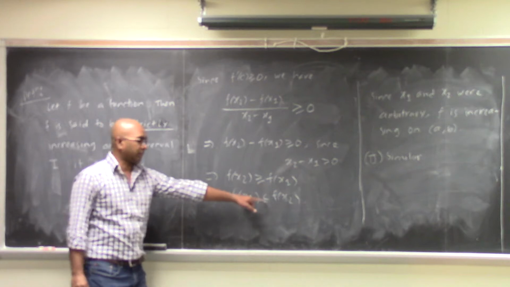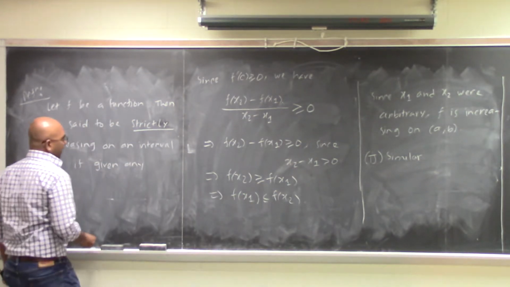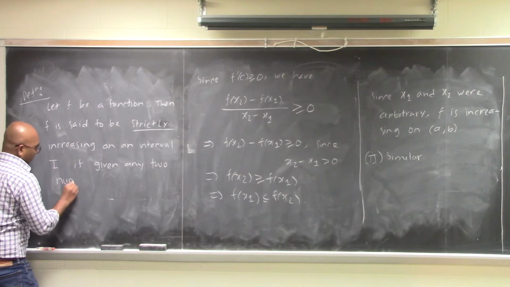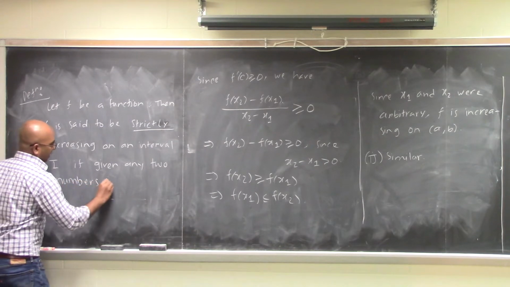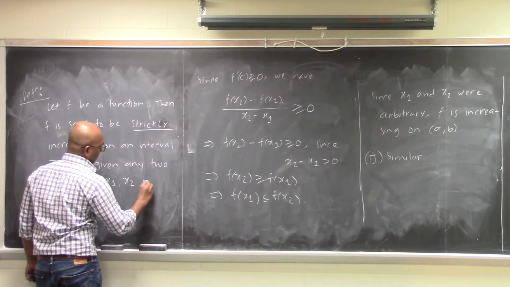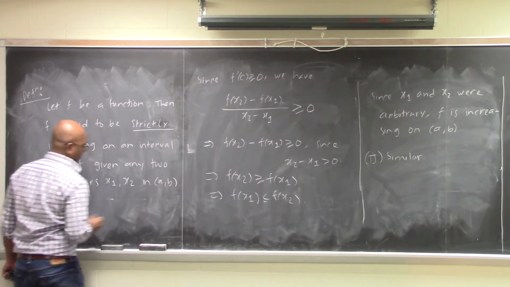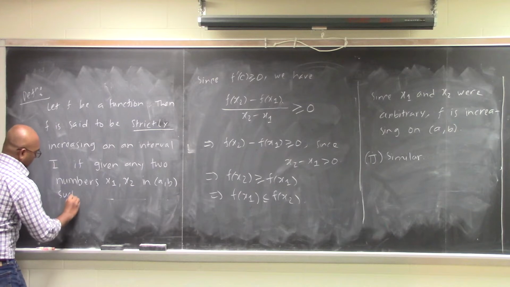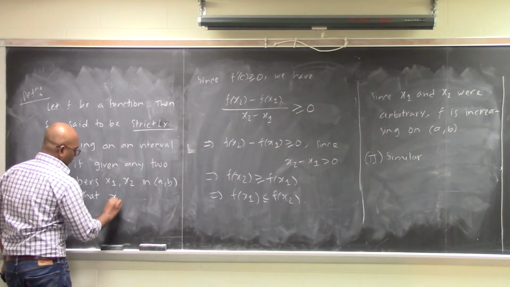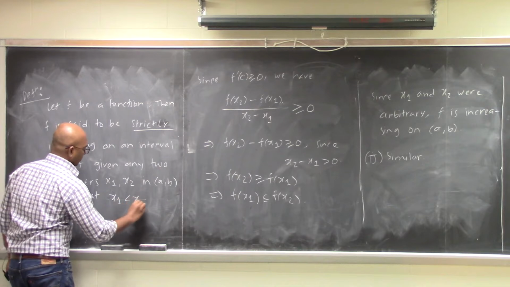We'll just exclude that equality. Given any 2 numbers x1, x2 in (a, b) such that x1 is less than x2, right?